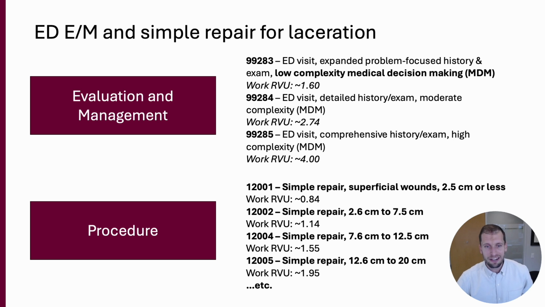That's a pretty solid cut. So I do think a lot of these acknowledge the effort that goes into managing the patient. Okay. And so you can see again, with the lacerations, the size of the wound sort of determines what bucket this falls into.